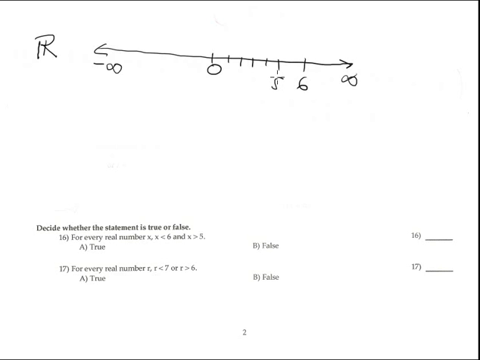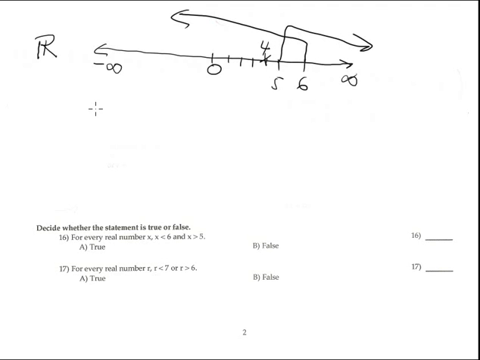Okay, the interval less than 6, that is, to the left of 6, and greater than 5 is to the right of 5. Now, is this valid for all real numbers, both statements together? I suppose not. You see, I pick, for example, one value here, 4.